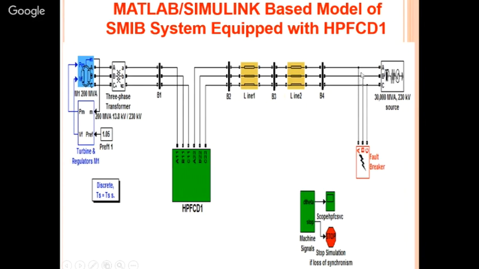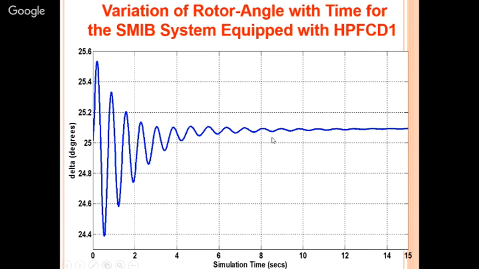Now after applying this 3-phase fault at the receiving end, let us see how this HPFC will behave and how it will make the system stable. So this is the variation of the rotor angle for the SMIB based system which is equipped with HPFC D1, the first topology which we have discussed.